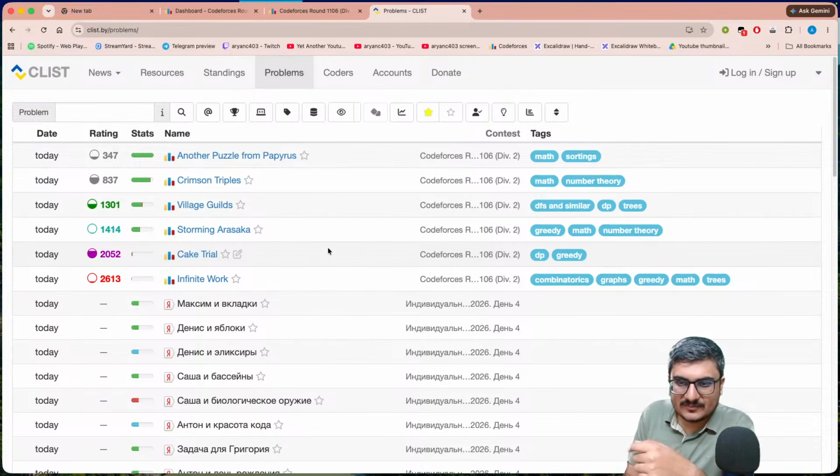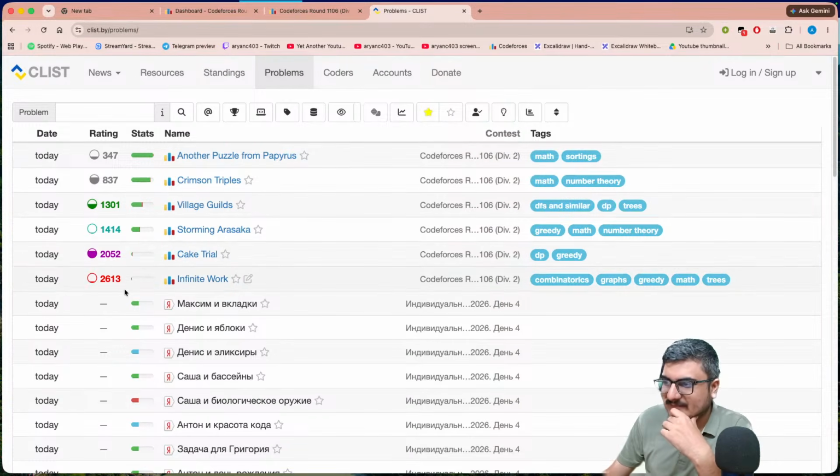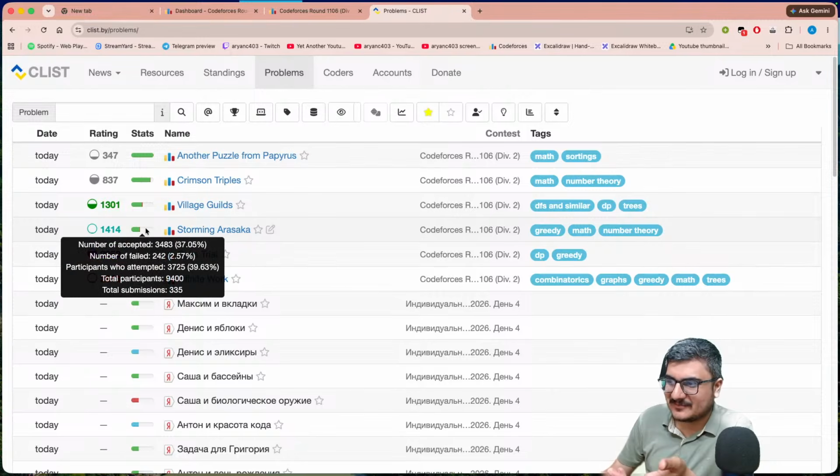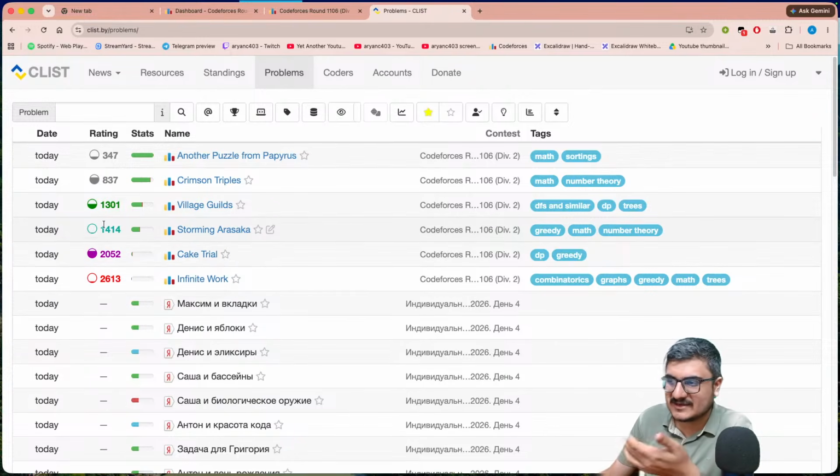If you solve this problem, this website considers that you won against that problem. And if you could not solve it, then the website considers that you lost against that problem. Based on who all won and who all failed against this problem, it tries to figure out the median rating of this problem. And that's how these ratings are calculated. In the world of LLMs, problems usually have a lot of ACs and it doesn't accurately reflect the problem.